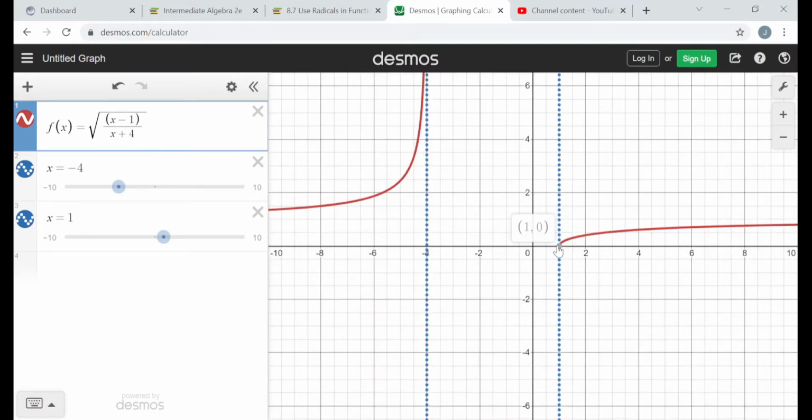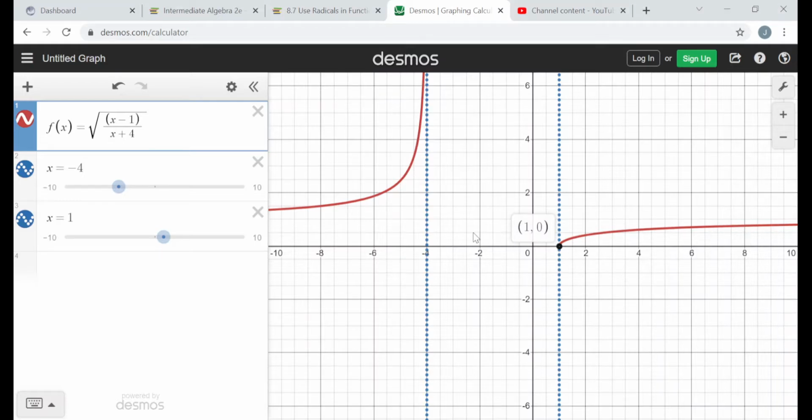And then, 1 or greater. There's a point on the graph with an x coordinate of 1. And all these points over here have an x coordinate greater than 1. So the domain we wrote was correct. X values less than -4 are allowed, and x equals 1, and anything greater than 1 is allowed.